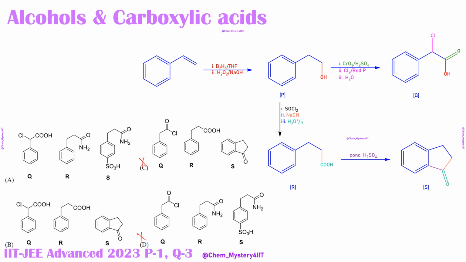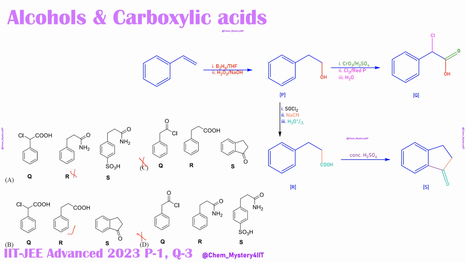And then compound number R is going to be beta-phenyl carboxylic acid, because there is one extra cyanide group coming from the NaCN. So in the compound number R, there would be 2 extra carbons beyond the benzene and the carboxylic acid group. So that option is ruled out over here.